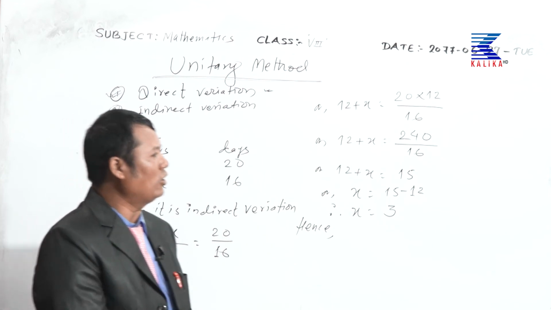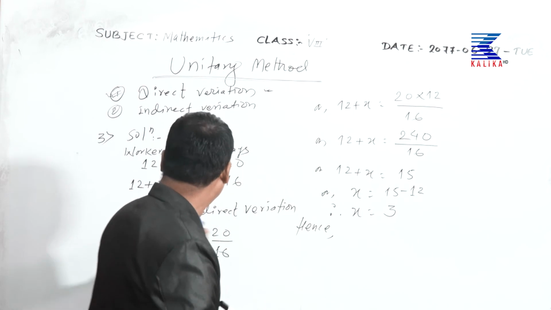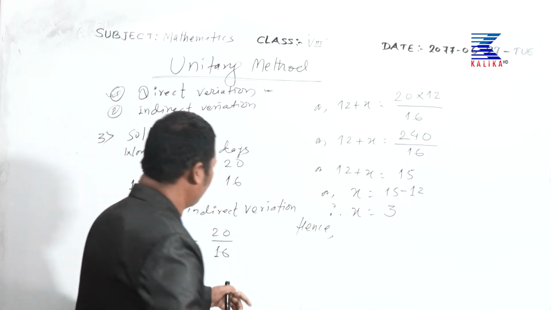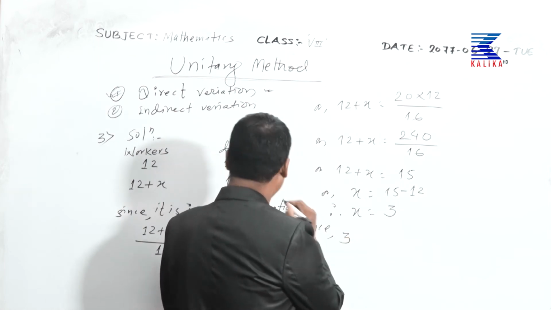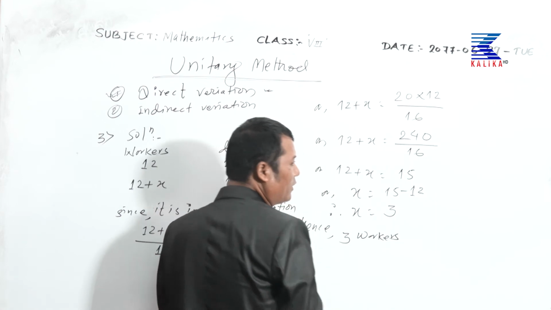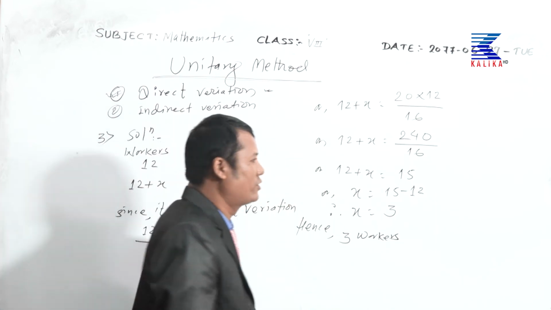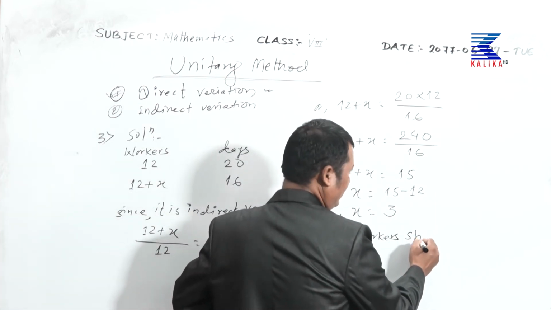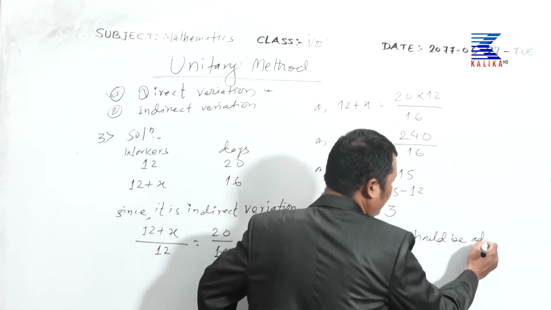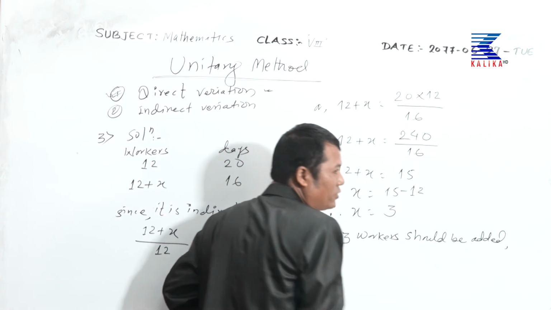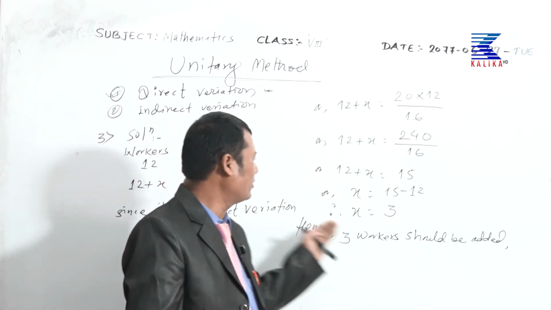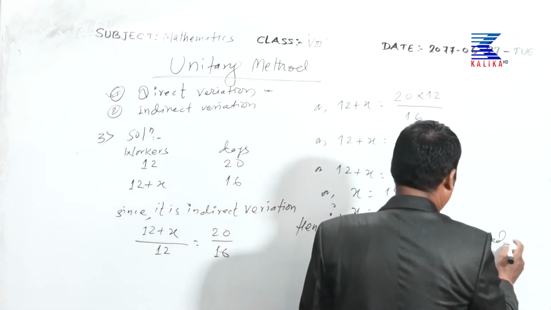The value of x is 3. So 3 workers should be added.